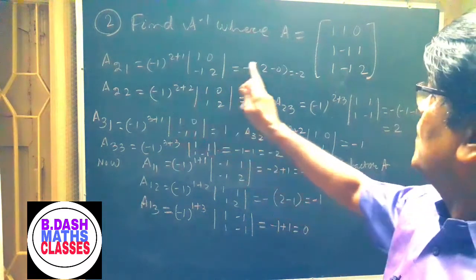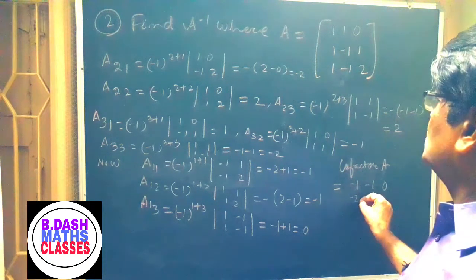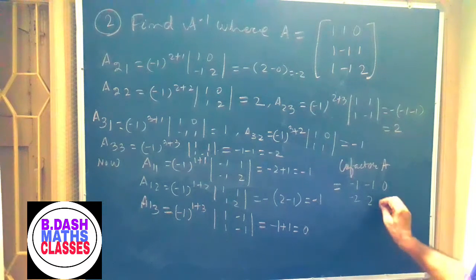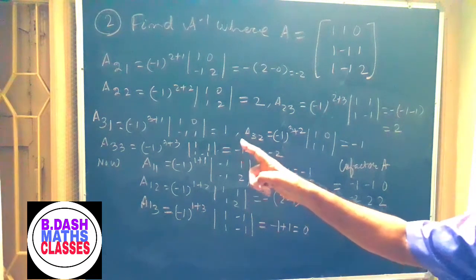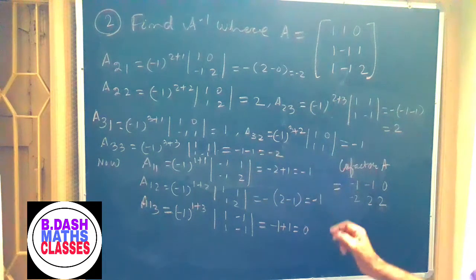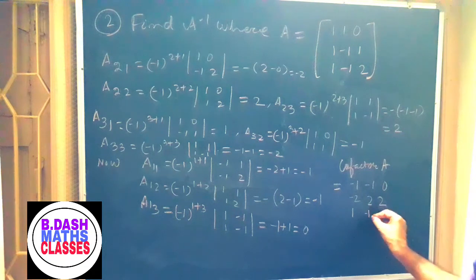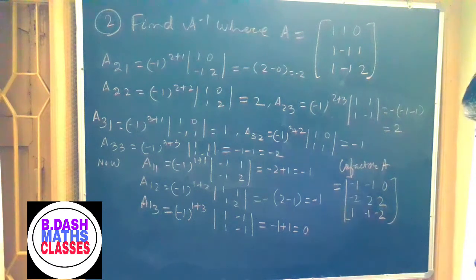Then A21, A22, A23: minus 2, 2, 2. Then the cofactors of 31, 32, 33: 1, minus 1, minus 2. This is the cofactor matrix.